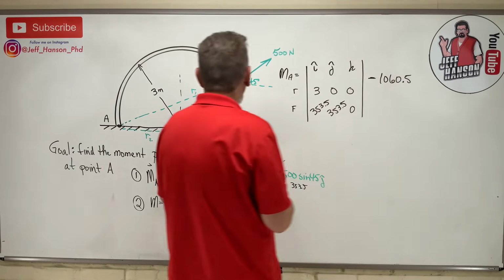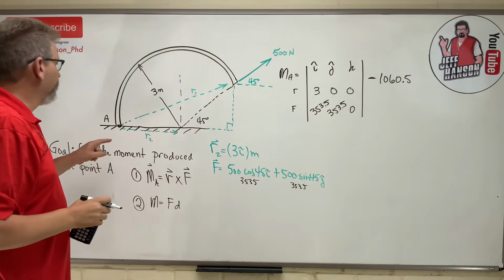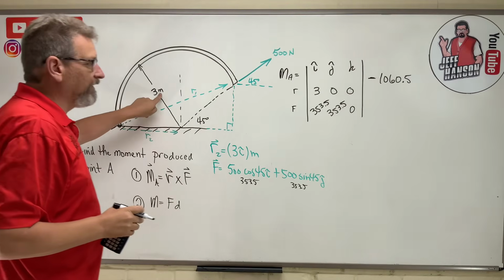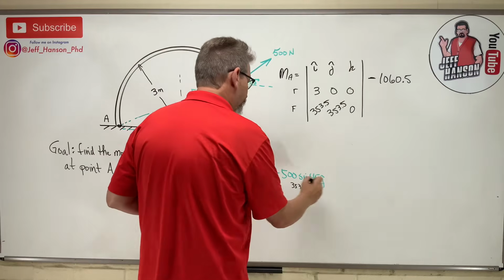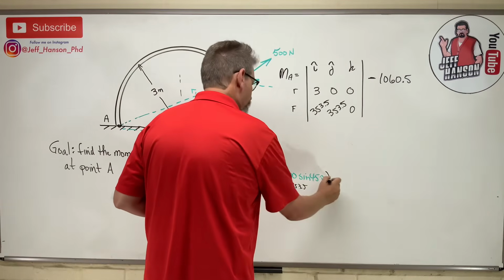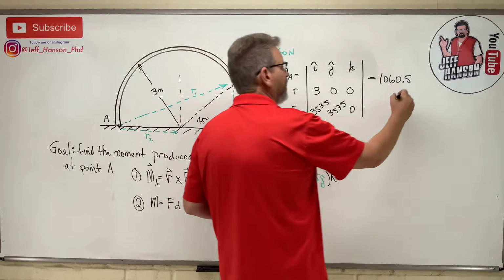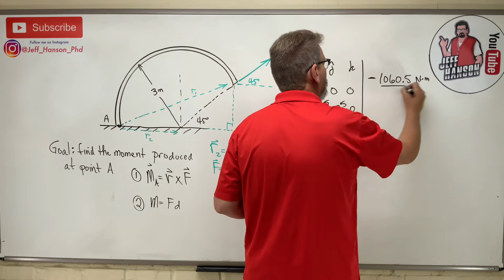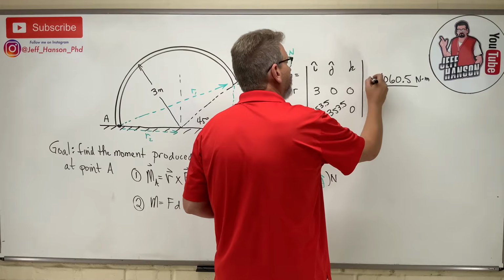And what is this? This is Newton meters, right? Newton meters. The R was in meters. This guy was in newtons. Went to sleep there for a second, didn't I? So Newton meters, okay?